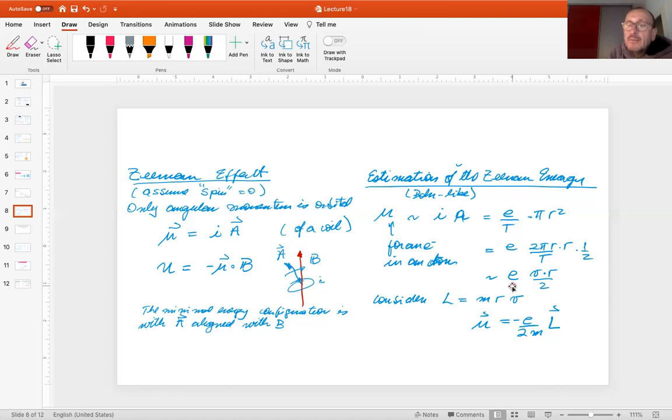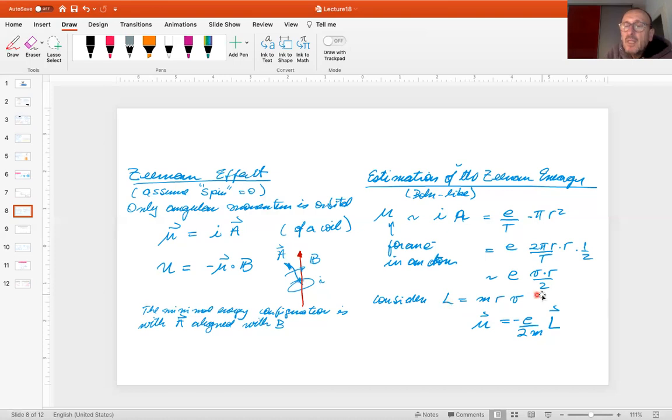Okay, but now I want to write this expression of the magnetic moment as a function of the angular momentum. Why is that? Because the angular momentum is a sensible quantum number, not the velocity. So I write L here as, in the simple Bohr model, m v r, and I replace v r by L divided by m.